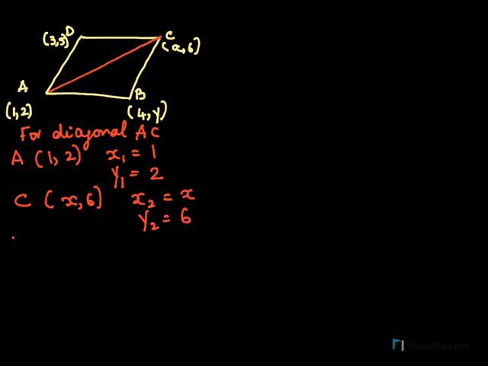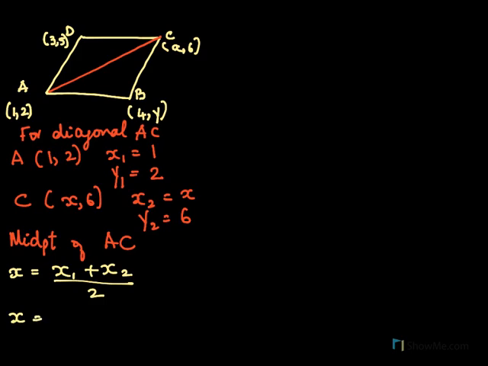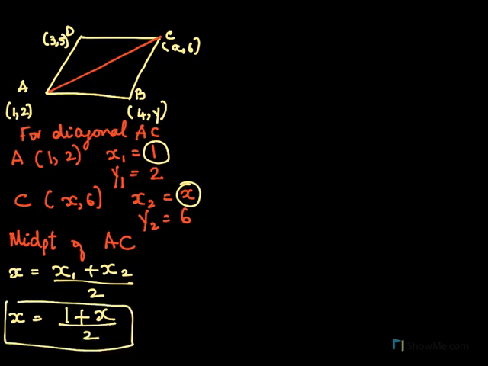Now to find the midpoint of AC, the formula for the midpoint is x equals (x1 plus x2) divided by 2. So your x1 is 1, and your x2 is x, which we don't know, over 2. So remember, the midpoint of AC we have found.